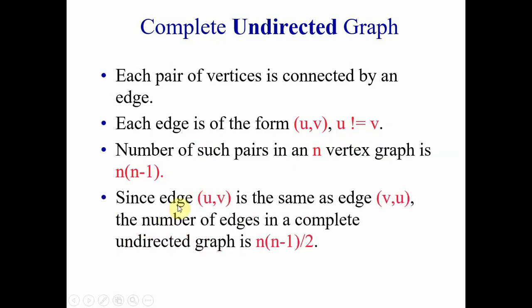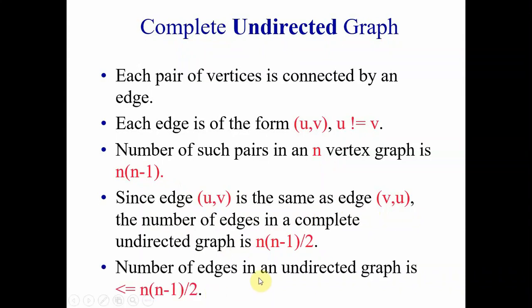And since the edge uv is the same as the edge vu, the number of edges in a complete undirected graph is halved. Therefore, the total number of edges in a complete undirected graph is n times n minus 1 over 2.